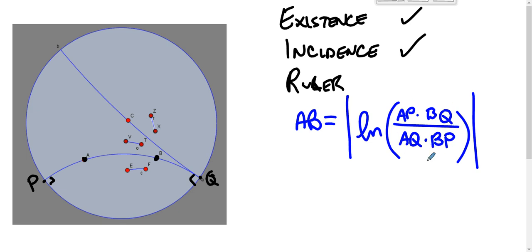And the closer this fraction gets to 0, the closer its natural log gets to negative infinity, which can then be turned around every now and then. So AB can be any real number between 0 and infinity, and that's what we need. Every line is, in fact, a number line.